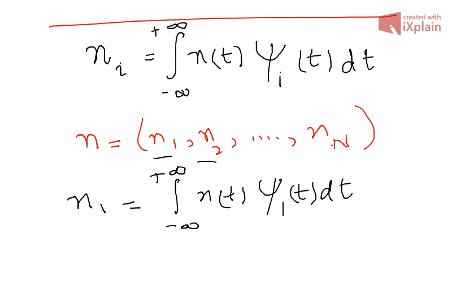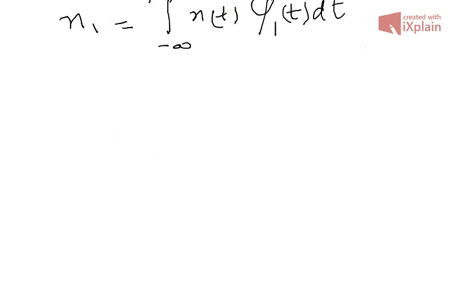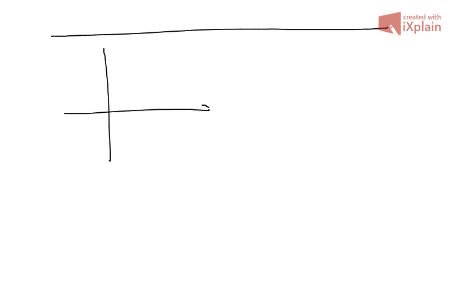Now with this knowledge and having our previous discussion on the signal space, we can represent a noisy signal in the signal space. Suppose I have two dimensions only, all others are irrelevant. Suppose I have a signal in two dimensions and I give you the signal points.